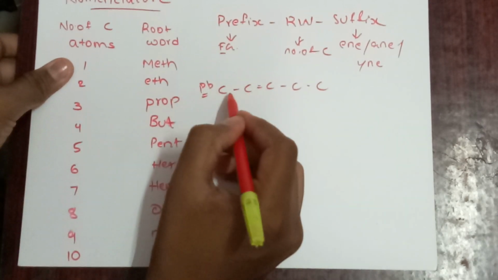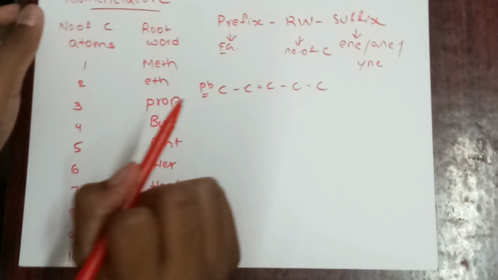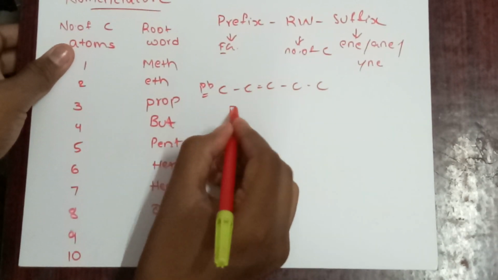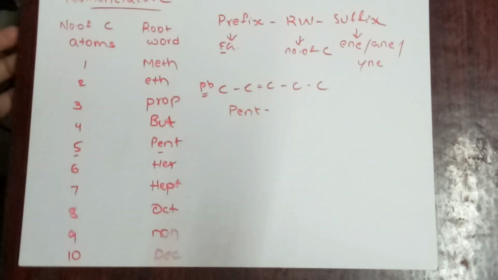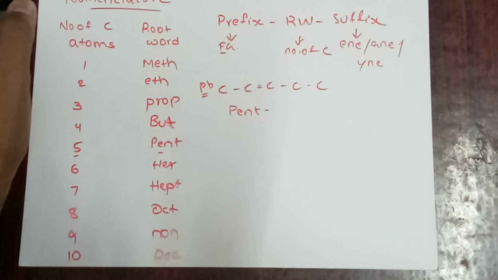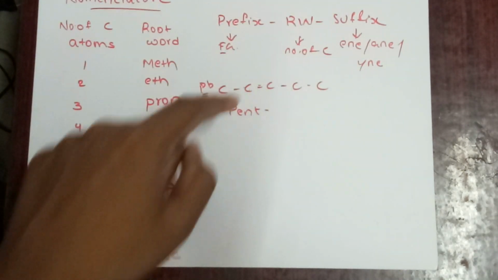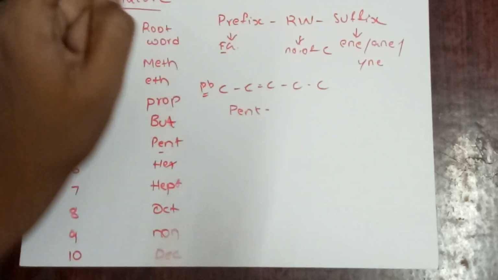Root word. How many carbon atoms are there? 1, 2, 3, 4, 5. So you should write pent, because 5 means pent. You should just keep a dash, and then the suffix: an, ene or yne. We find single bonds, but can we find any double bond or triple bond?